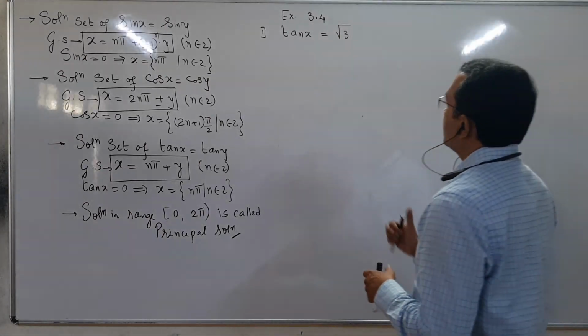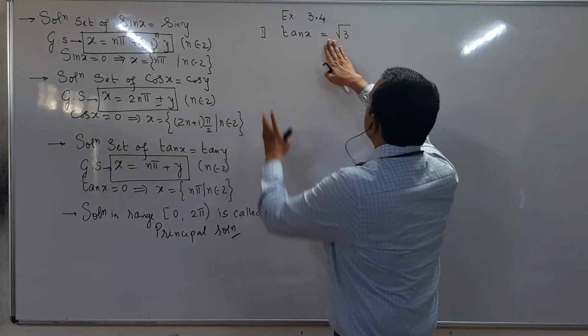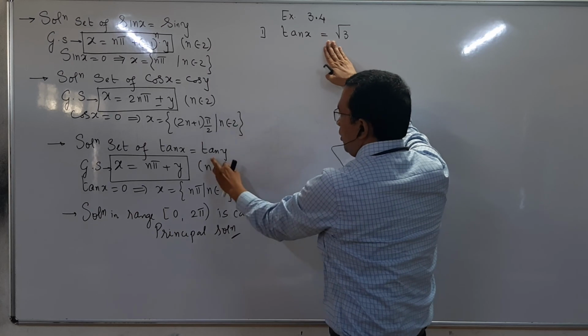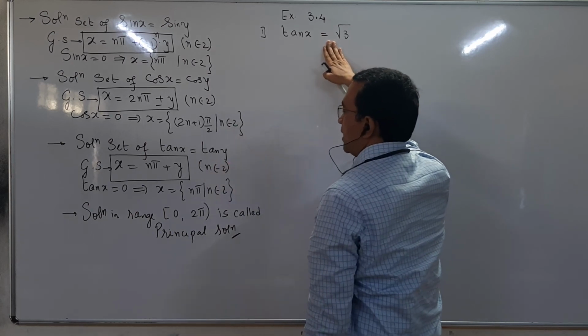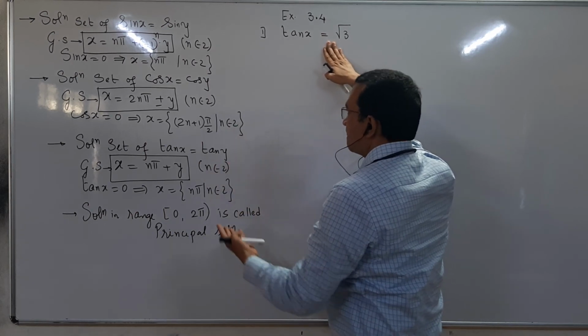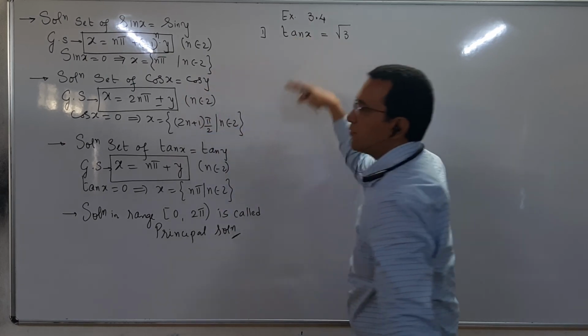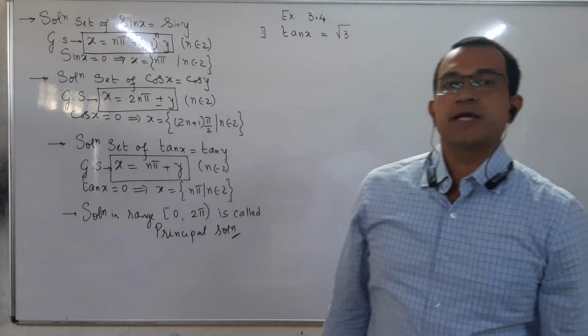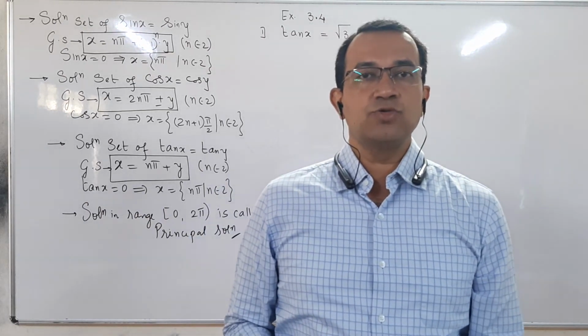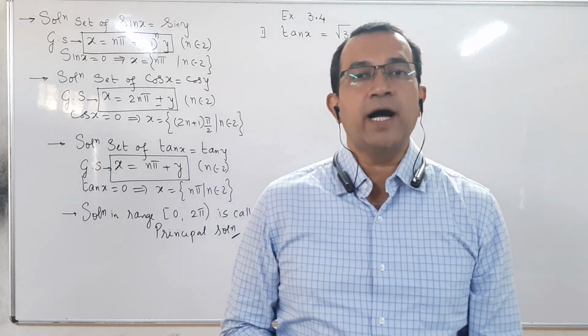Now the first step is to modify the given equation in the form tan x is equal to tan y. If it is a cos function, then cos x is equal to cos y, and if a sine function, then sin x is equal to sin y.